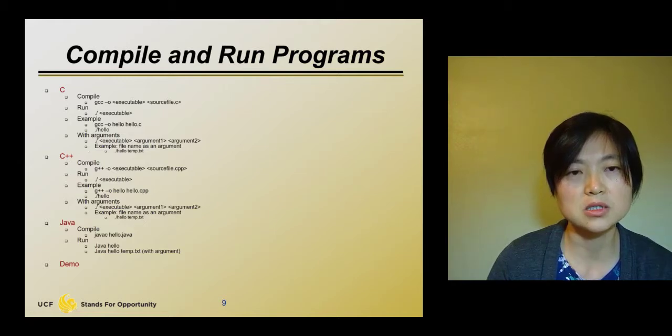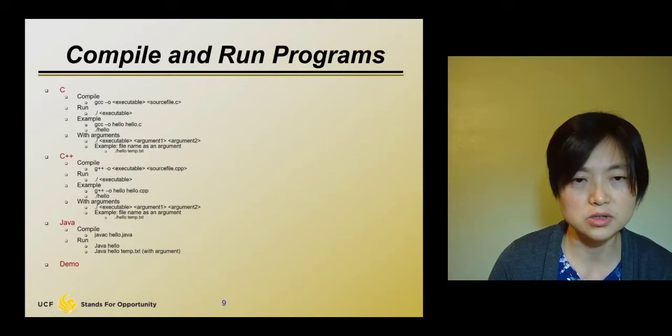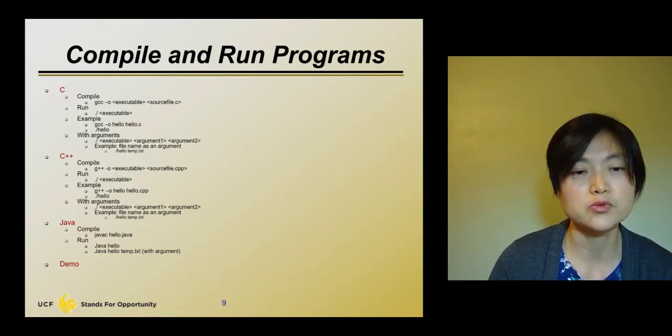C++ is mostly in a similar style, except you use g++ space -o, then the rest is similar. Because of -o, you have an output here, then you have a source file.cpp. When you run it, similarly, you use ./ and the file you generated here. So the example would be, if you compile C++ with -o, I have the output object as hello, and it is hello.cpp.